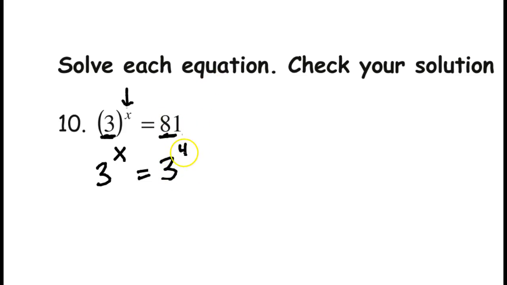Eventually you'll get 3 to the 4th power is 81, because 3 times 3 times 3 times 3 is 81. And there your answer is right there. We know that x is our answer, the exponent, so it's 4. We get x equals 4. It's a long way of asking 3 to what power is 81? 3 to the 4th power is 81.